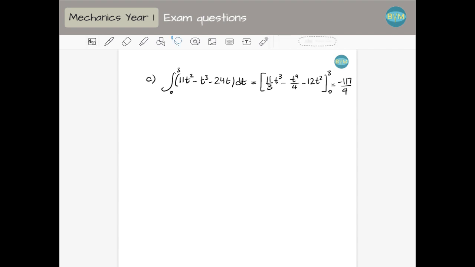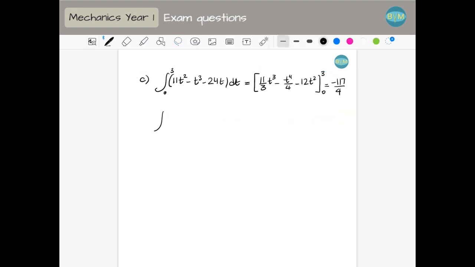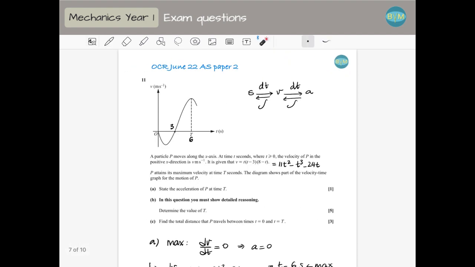That's my first area. And then I'm going to do the same between 3 and 6. You have the same function when you integrate between 3 and 6. And when you substitute, you get a positive value, which is 261 over 4, which is this area here.